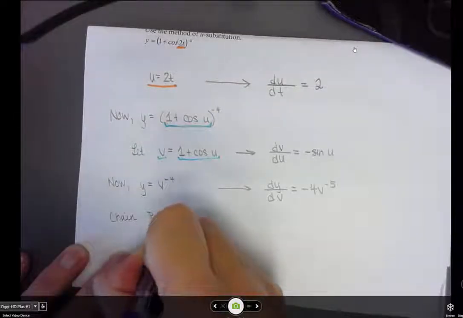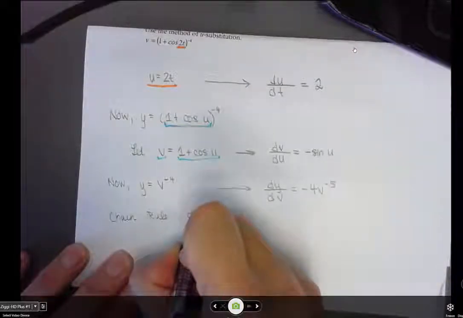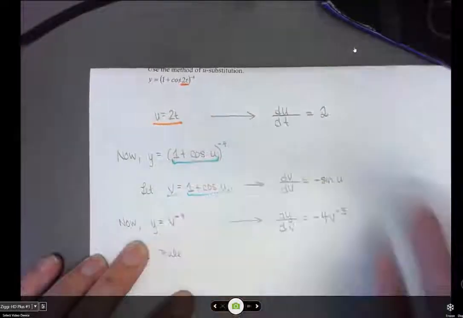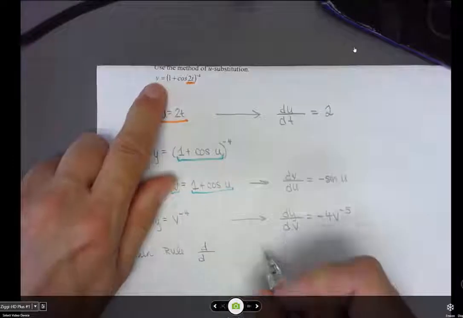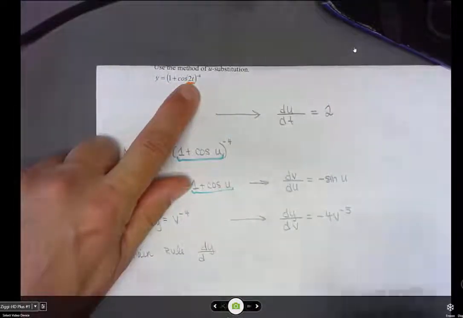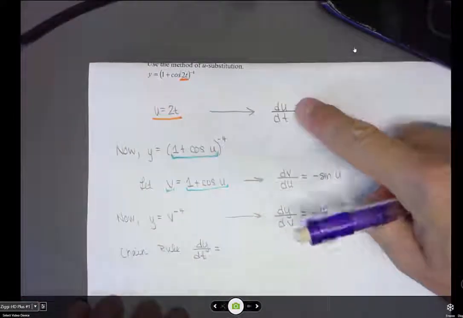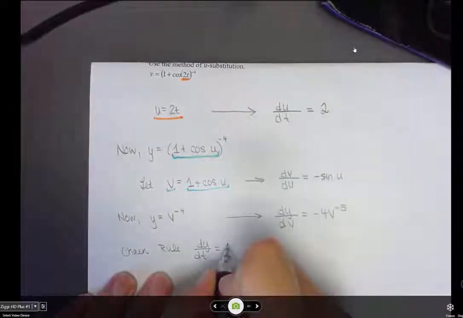So the chain rule says, think about how the problem first started, when we were first given the problem. Y was the variable on the left, so that goes in the top. T was the variable on the right, so that goes in the bottom. And now go back and multiply the derivatives we found together. So you ended with dy dv.